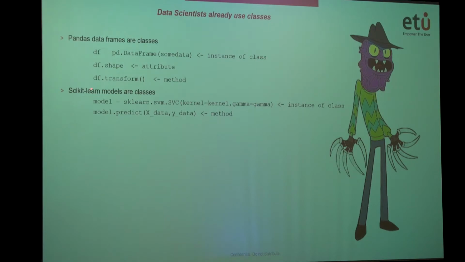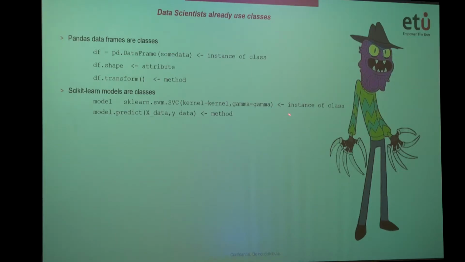You sit down and you declare an instance of class SVM, you want your support vector machine classifier, and then you use the methods like predict and fit, etc. And everyone likes scikit-learn because it allows you to use really powerful math without having to know much about its guts, right? That's the beauty of class-based programming, or object-oriented programming, that you can do that.